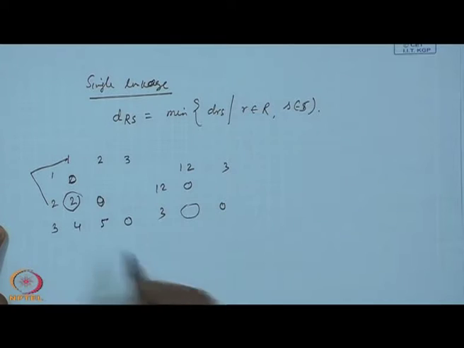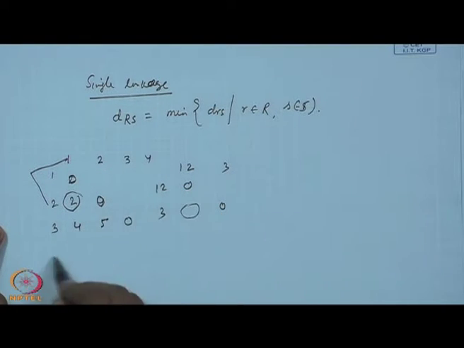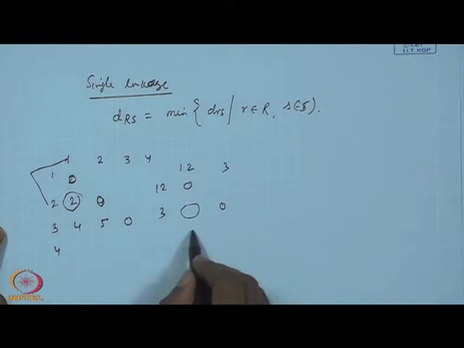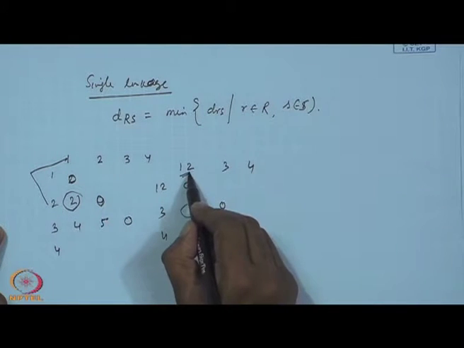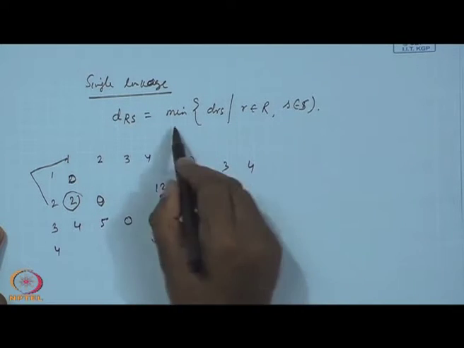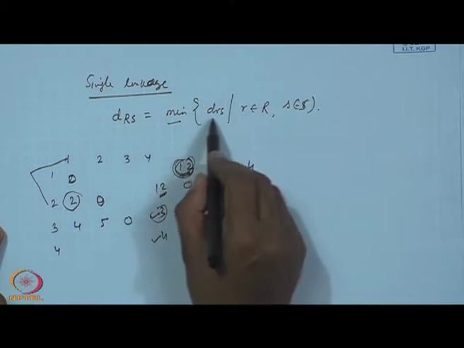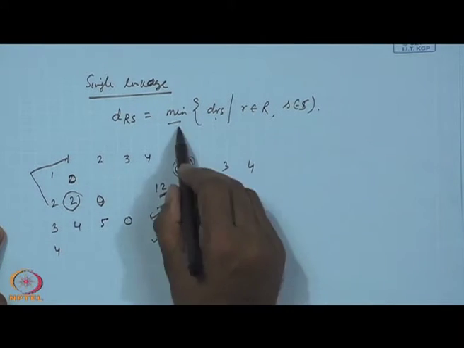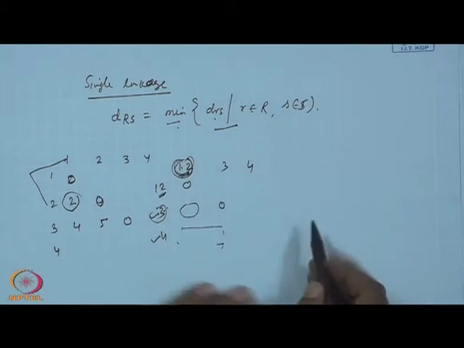But if you add one more object here, then ultimately you will get some more values, and you have to find out the distance between this group vis-a-vis this group. The minimum distance between 1 and 3 and 2 and 3 will be considered. That we have discussed earlier.